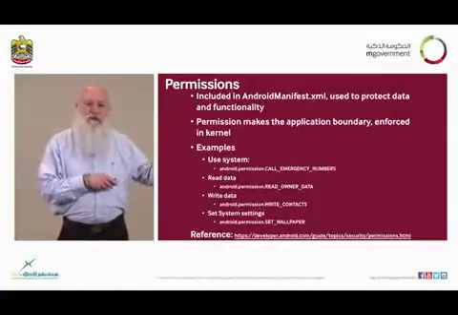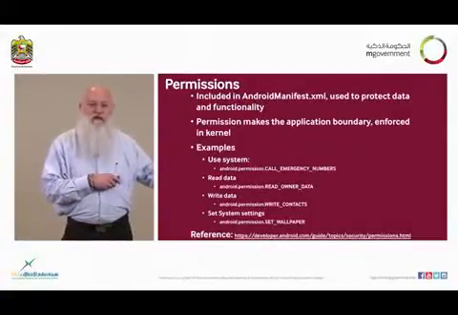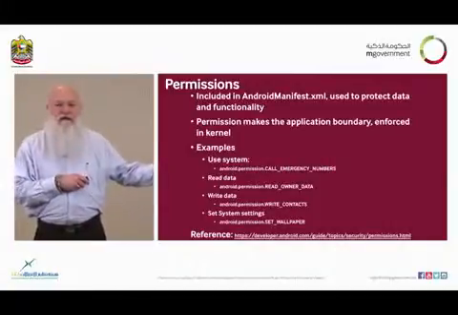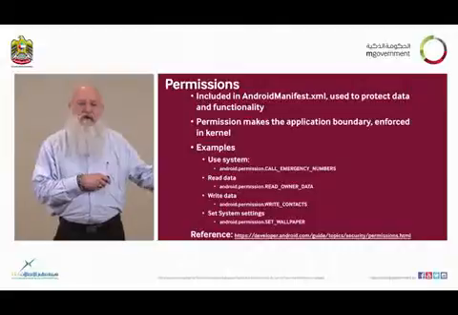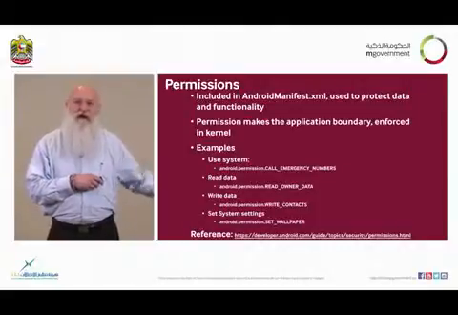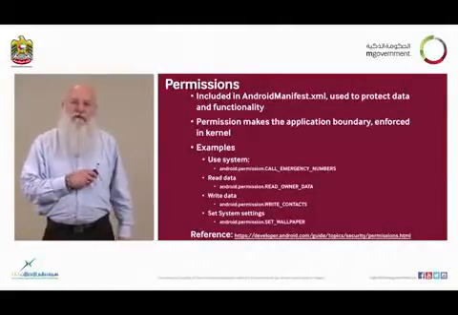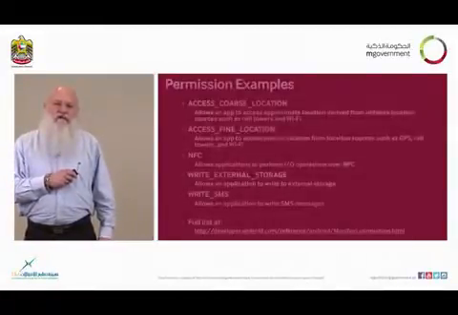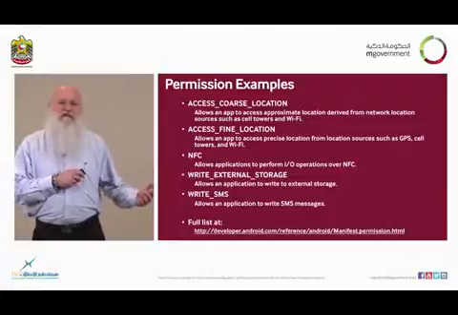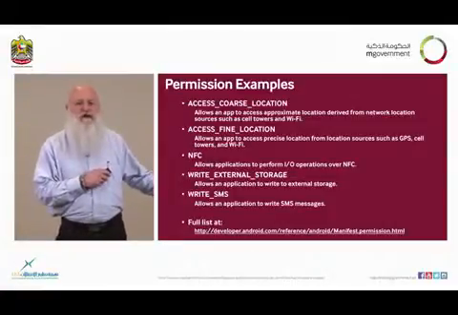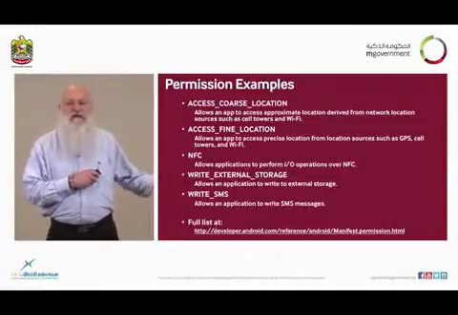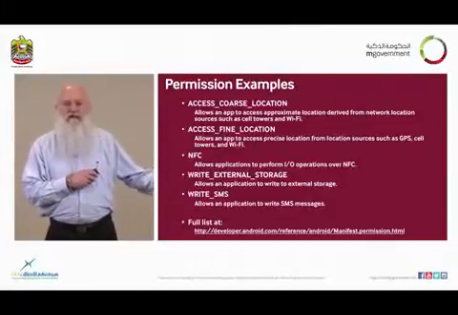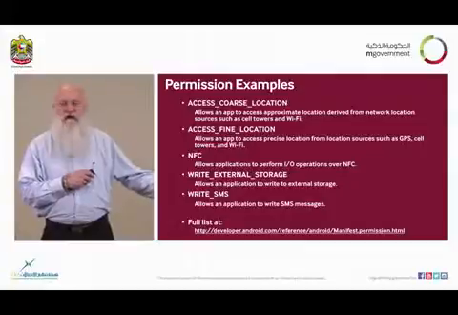Some examples of specific controls here: using the system, reading, writing data, and setting system settings. Again, the permissions are defined at the URL provided at the bottom of the slide. Some more permissions: coarse and fine location, access to the near field communication, external storage, SMS, and the full list is at the URL at the bottom of the slide.